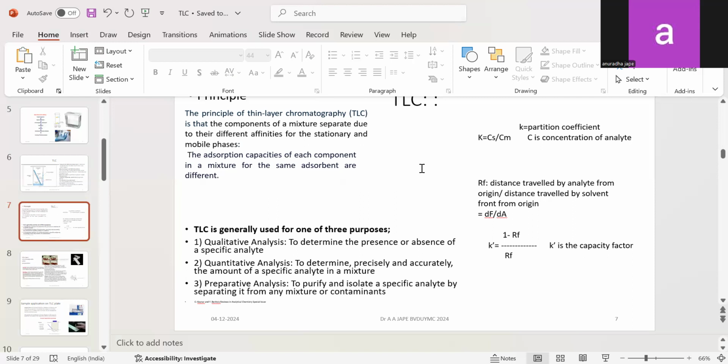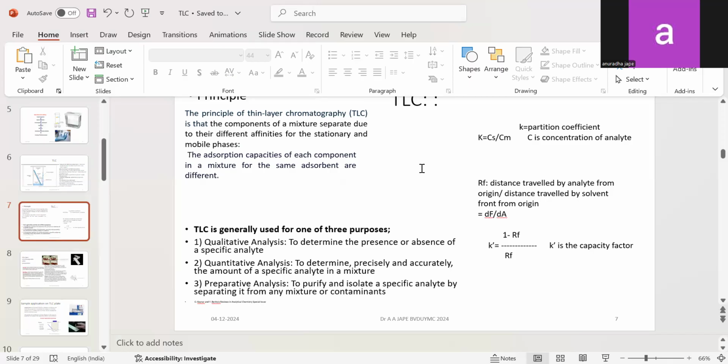And the third purpose is preparative analysis, where purification is the aim, so the analyte is to be isolated and purified from the mixture. This is how you have three different purposes for which TLC is used.